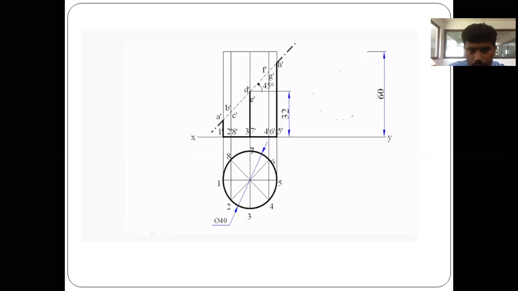Similarly, they are the points of intersection. Okay, A dash is the point of intersection, B dash, C dash.